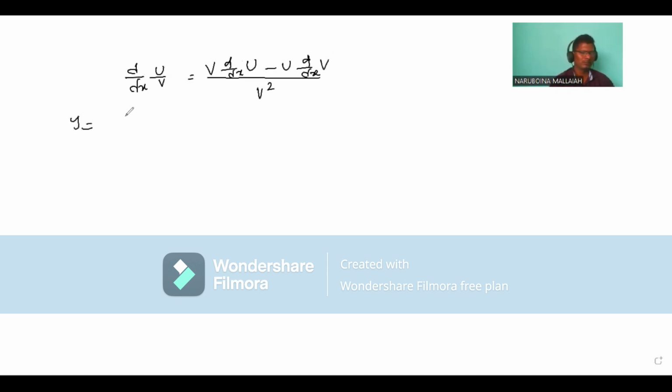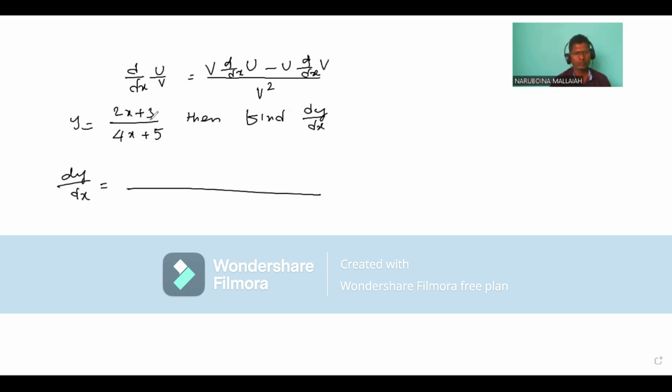Y is equal to 2x plus 3 whole divided by 4x plus 5. Then find dy by dx. Now I am finding dy by dx. Here the first function is 2x plus 3, the second function is 4x plus 5. So first write in the denominator the square of the second function, 4x plus 5 whole square.